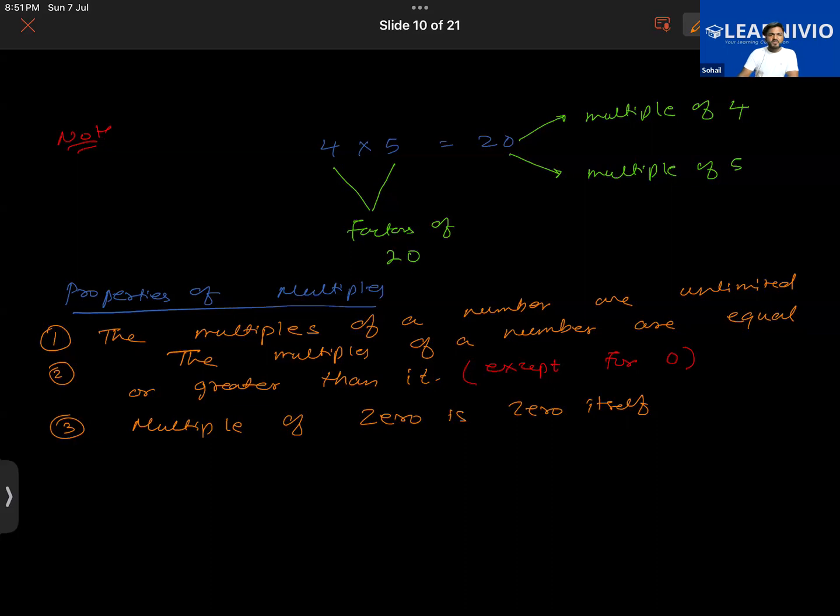Also, every number is a multiple of itself, isn't it? Every number is a multiple of itself, right?